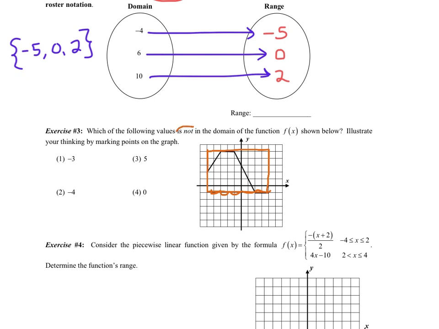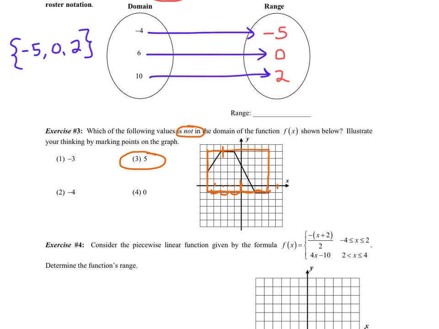Question here is, which value is not in the domain of this function? If x is negative 3, yeah, that's in the domain. If x is negative 4, that's in the domain. If x is 5, 1, 2, 3, 4, 5, that's over here. That one's not in the domain. If x is 0, yeah, that's in the domain. It's within that box from left to right. Okay, and that box is helpful for deciding in the domain or not in the domain.